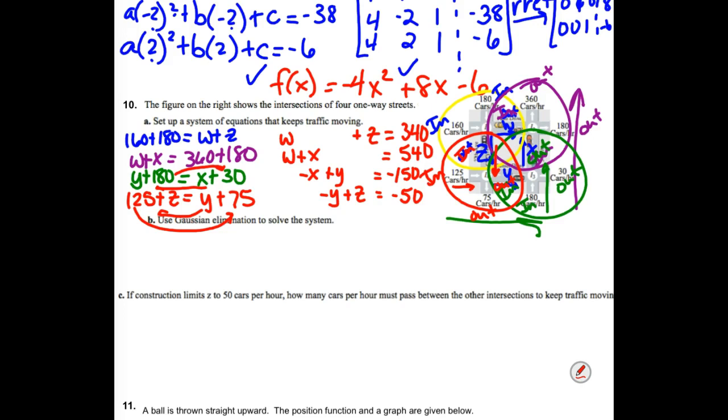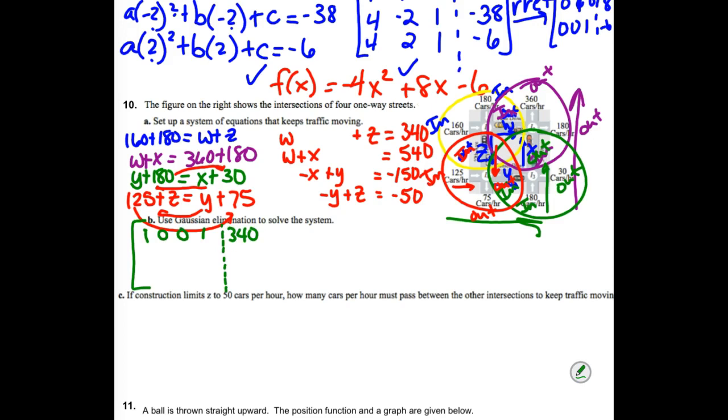We now have to write a matrix. Okay, what's the matrix going to look like? My top row is what? What's the top row going to be? 1, 0, 0, 1, 340.